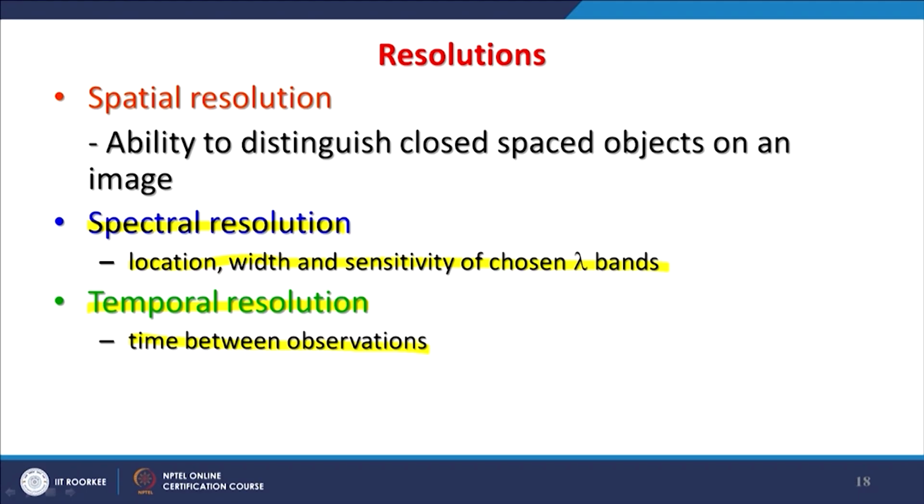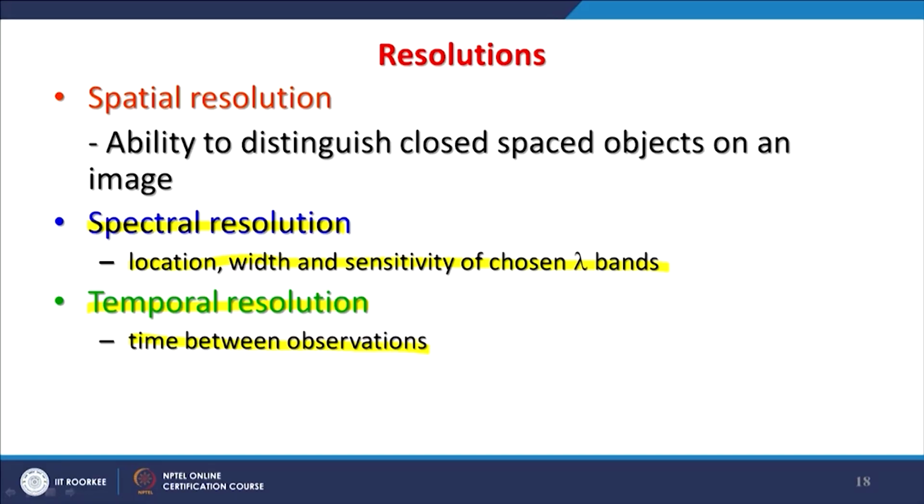It depends on the spatial resolution: the coarser the resolution, the higher the temporal resolution. That means there is an inverse relation between spatial and temporal resolution, because coarse resolution means the swath is much wider and covers a large area.